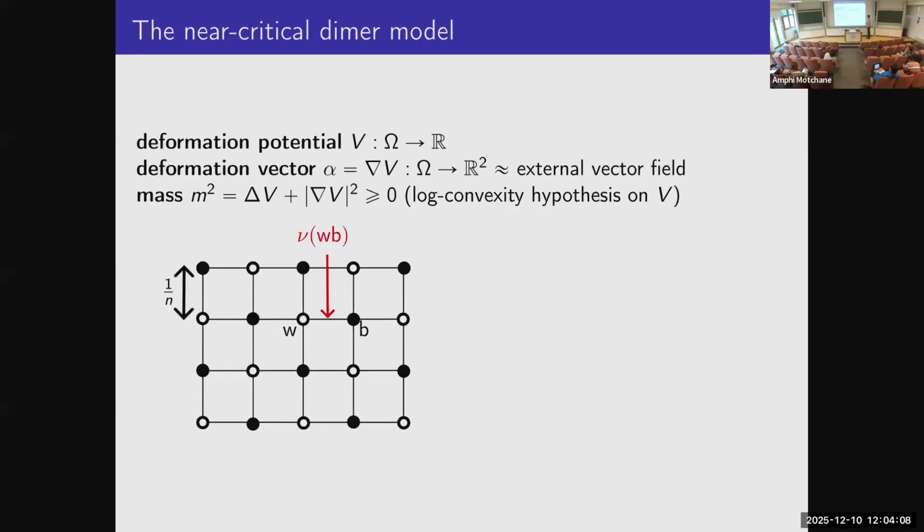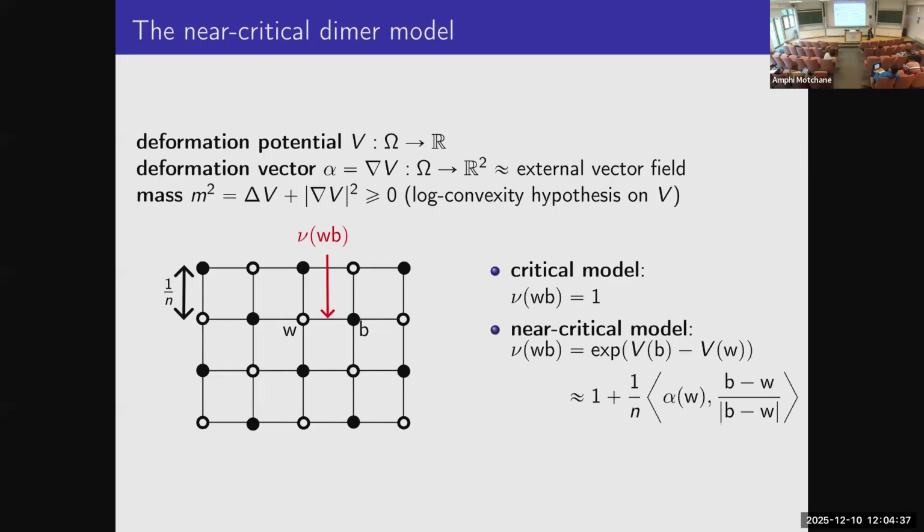And what is the near critical model? Well, I have a portion of the graph here. I have a white vertex, a black vertex, and a weight on this edge. And in the critical model, this weight would be 1. In an off-critical model, for example, you would have weight 1 on every vertical edge and 2 on every horizontal edge. And the near critical model is something in between, where the weight is given by this explicit formula.